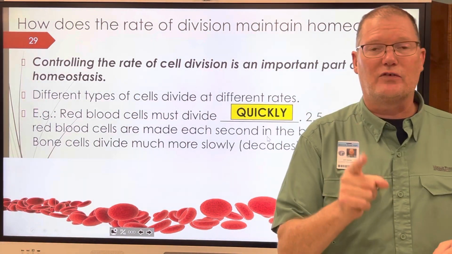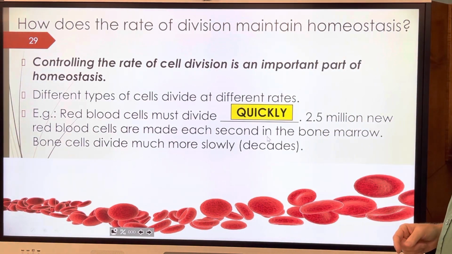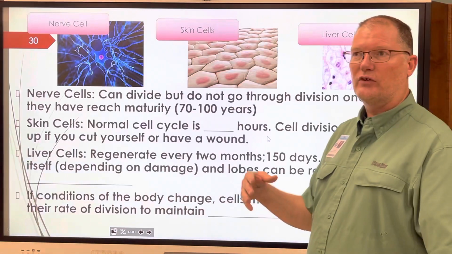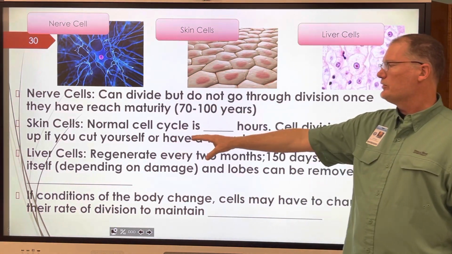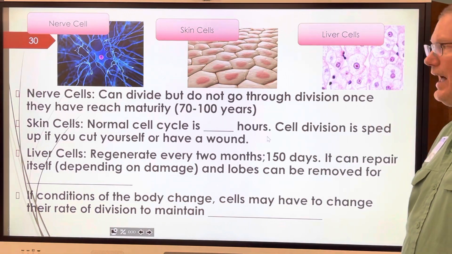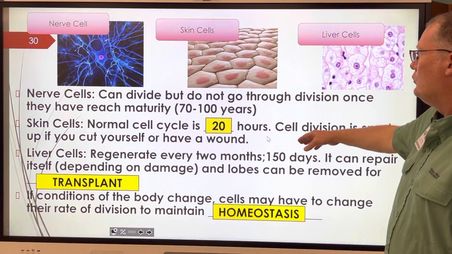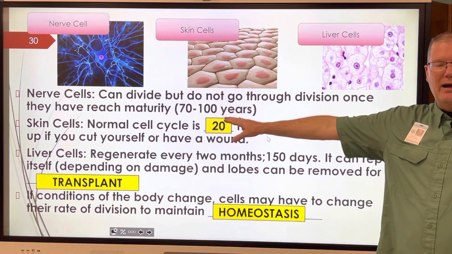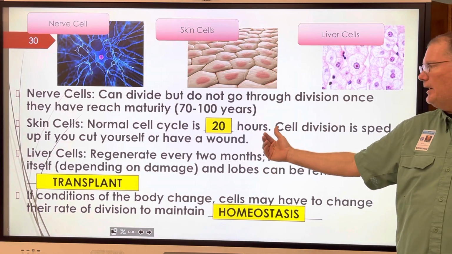Remember, you were supposed to define it in that last set of notes. Different cells have different functions. Nerve cells, skin cells, liver cells, they all have different time periods. Nerve cells might not replicate in 70 years.